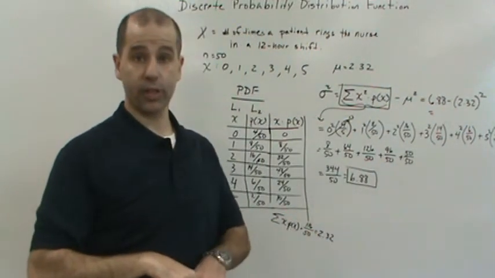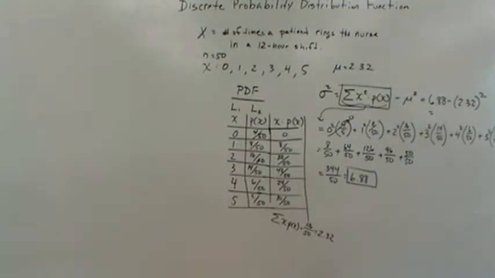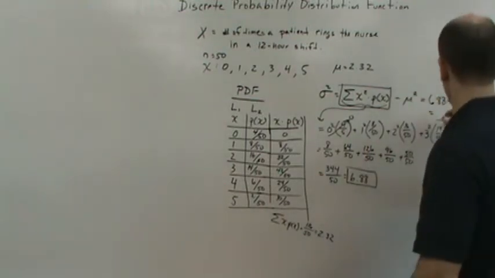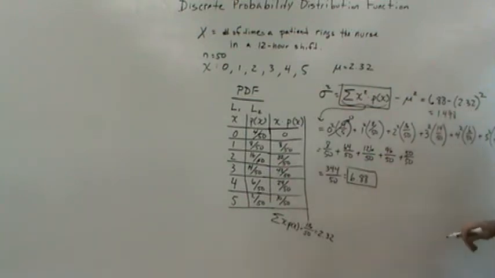We get 6.88 minus 2.32 squared. And what do we get? We get 1.4976, so we're going to get 1.498. Okay? So this is the variance.